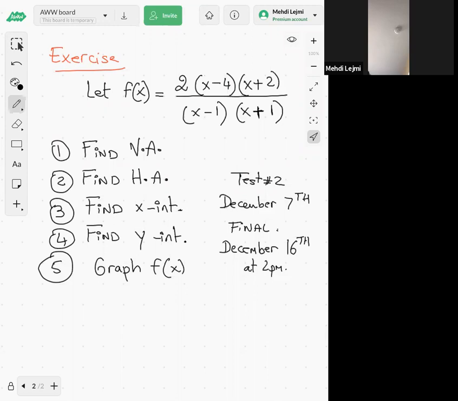So the last day of classes is December 9th, and the examination period is from December 14 to December 20.